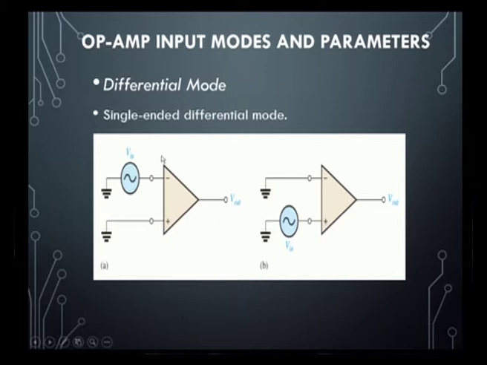That is why it is called single ended differential mode. We give supply for one terminal and the other terminal will be grounded. Here also we can observe we give supply for one terminal and the other terminal is grounded. This is how the single ended differential mode works.